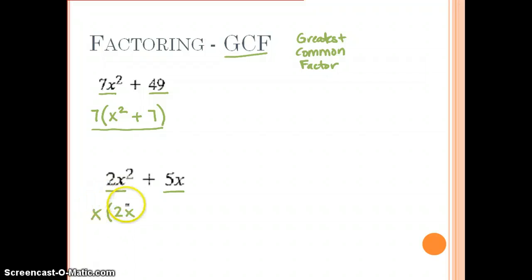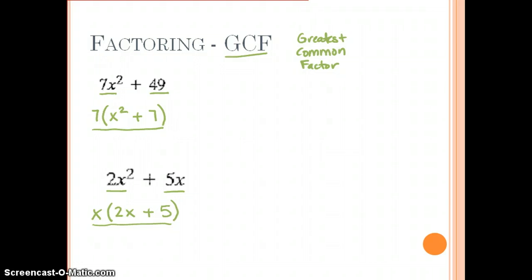Because if I distribute an x to 2x, that would give me 2x squared. Plus, always try to keep that sign the same as long as you pulled out a positive number here. And in order to get a 5x, you'd have to distribute x to just a positive 5. So factoring is undistributing, and so this would be my final factored answer.